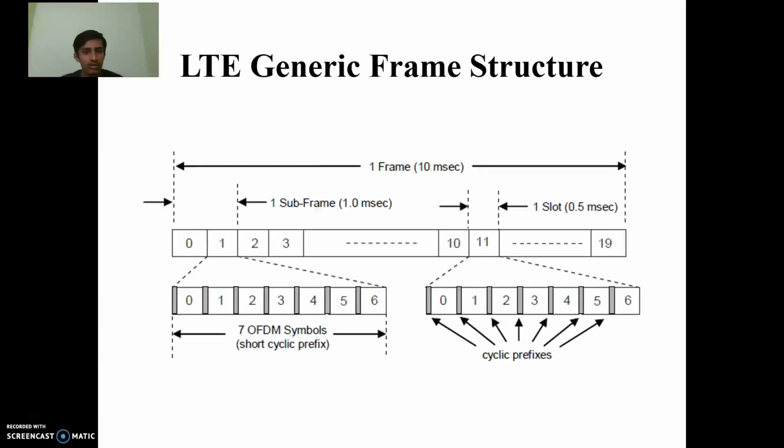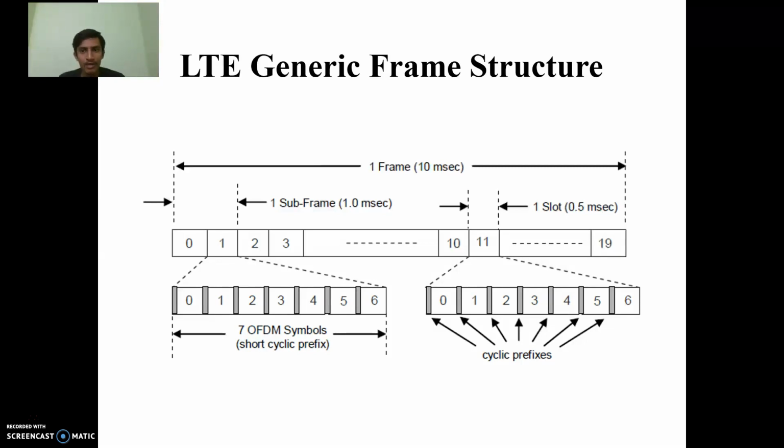This figure shows the LTE generic frame structure. OFDMA is an excellent choice of multiplexing scheme for LTE downlink. Although it involves added complexity in terms of resource scheduling, it is vastly superior to packet-oriented approaches in terms of efficiency and latency.